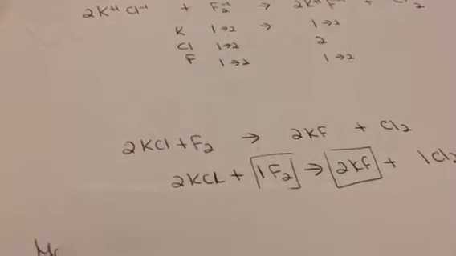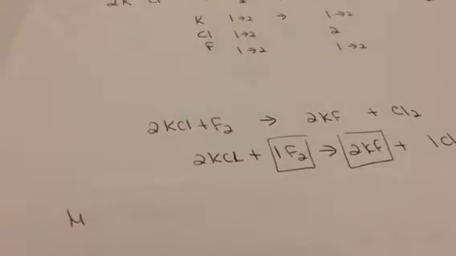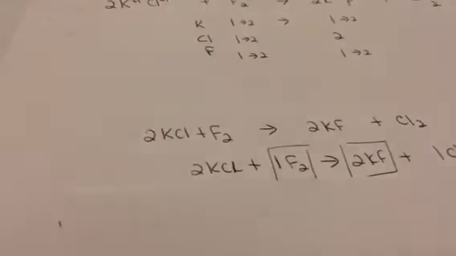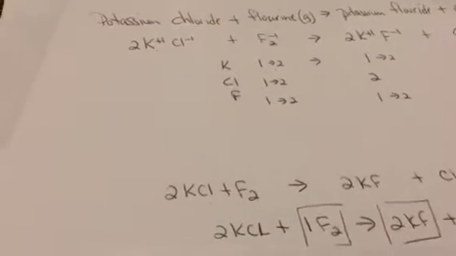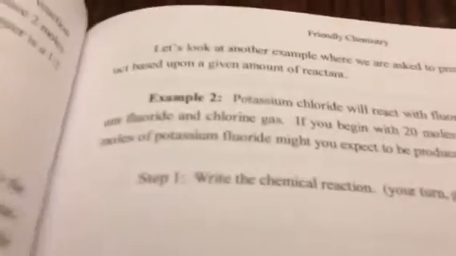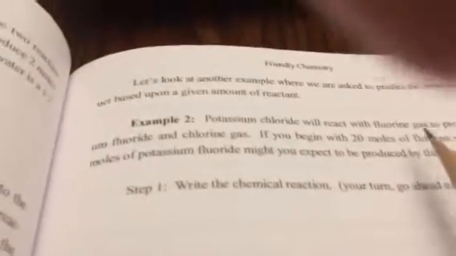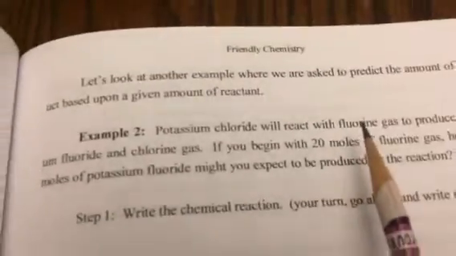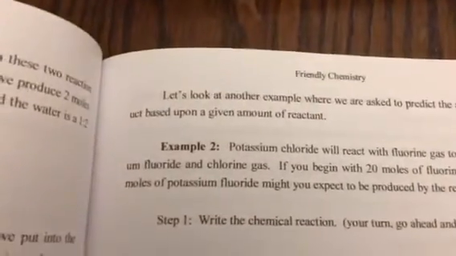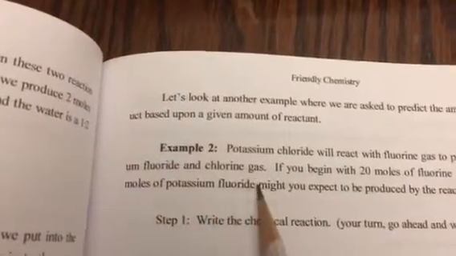When we go back into our equation to find what they're asking for, again it says in example 2, potassium chloride reacts with fluorine gas to produce potassium fluoride and chlorine gas.